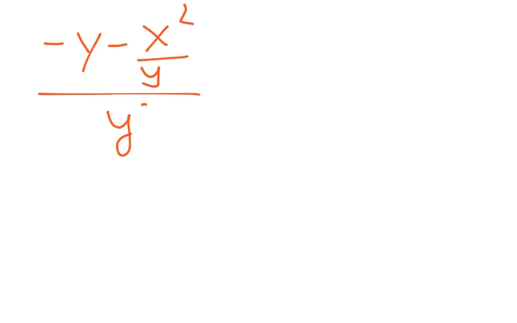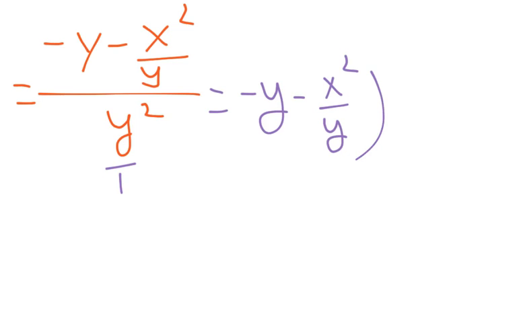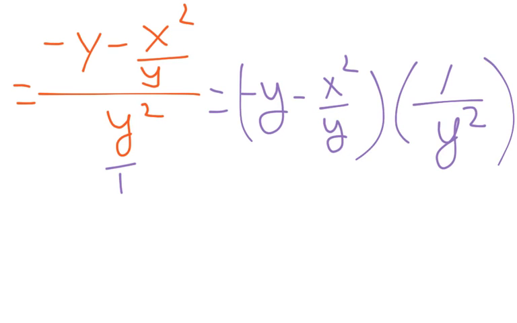Okay, so we have negative y minus x squared over y, the whole thing over y squared. There's a couple of options. I see y squared over 1. So this division is the same as negative y minus x squared over y times 1 over y squared, right? Because dividing by a fraction is the same as multiplying.